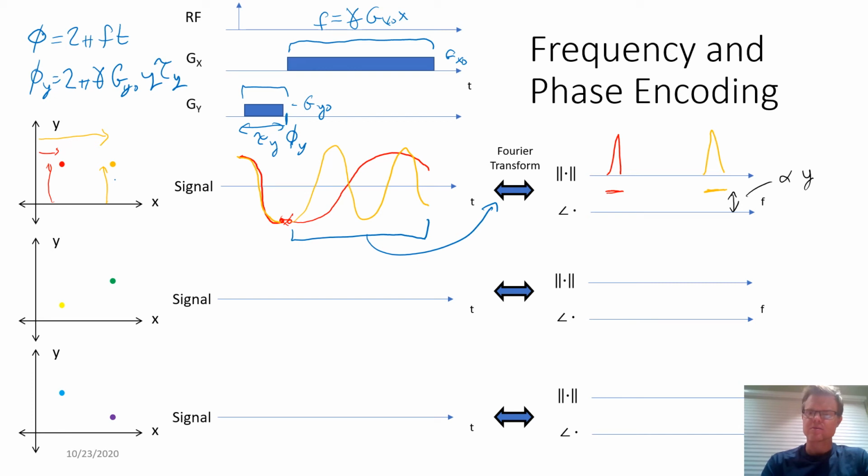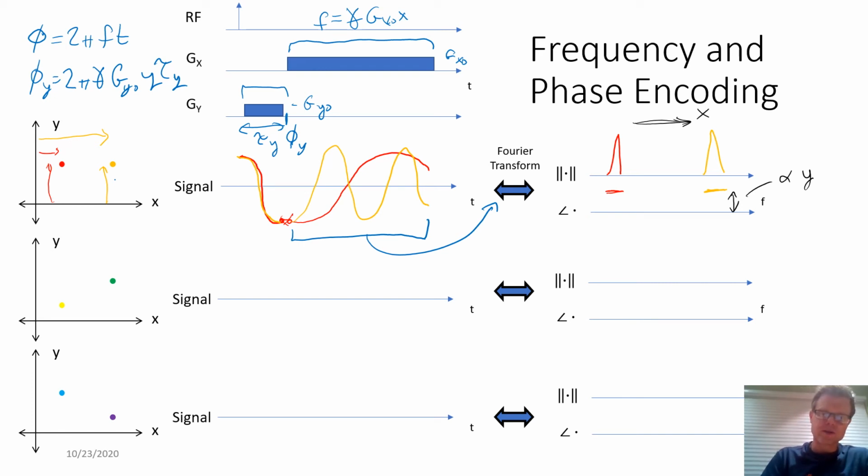And so this is the phase encoding. We've encoded y in the phase information when we take the Fourier transform. And the distance along the frequency axis here corresponds to x position.